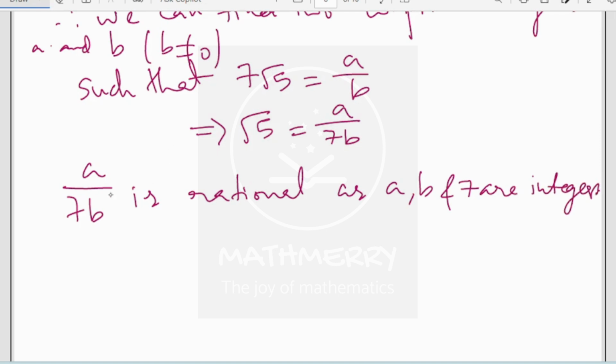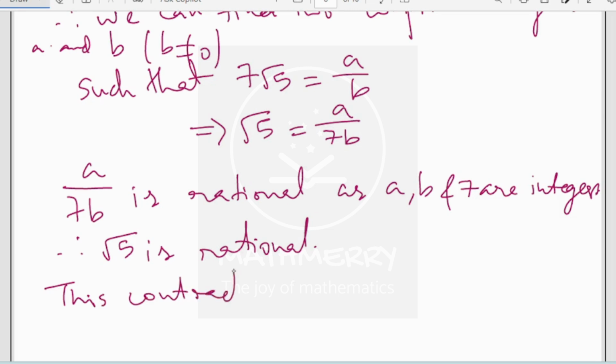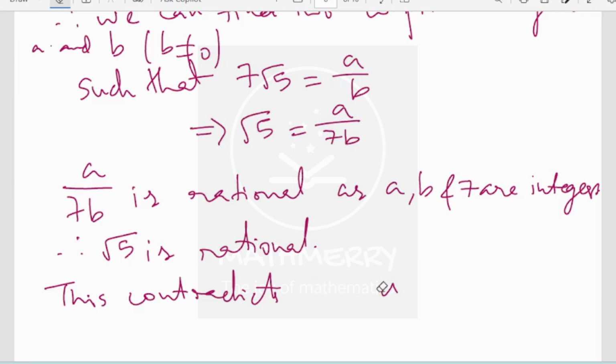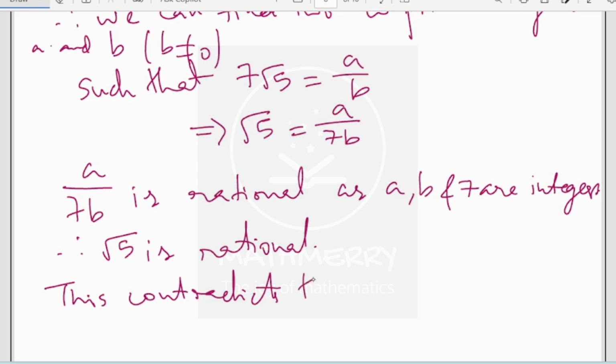Okay, now we can write therefore root 5 is rational, but this contradicts, sorry, this contradicts the fact, not our assumption, this contradicts the fact that root 5 is irrational.